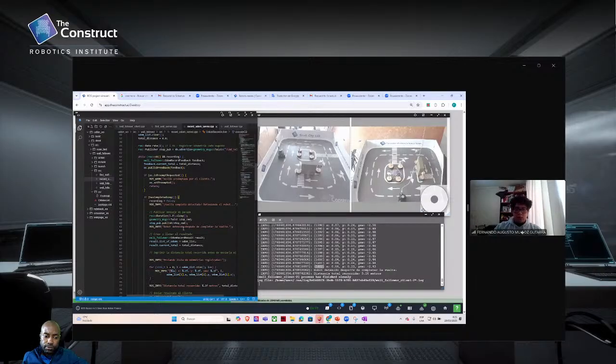We publish that in the result topic, created containing the list of recorded positions and the total distance traveled by the robot, and we print all the points and the total distance.